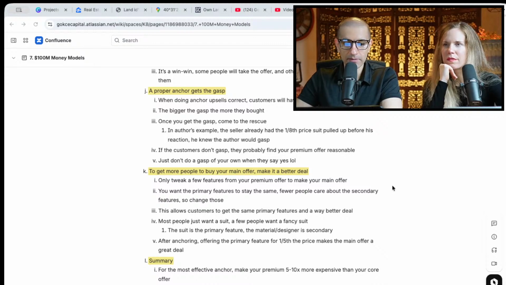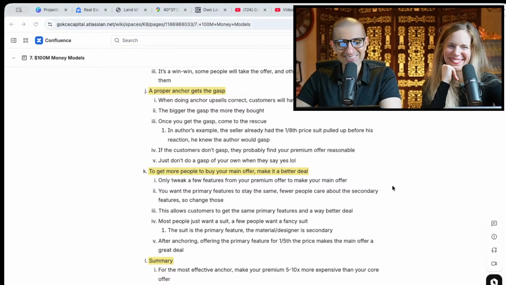In the author's example, the seller already had the 1/8 price suit pulled up before his reaction. He knew the author would gasp. If the customers don't gasp, they probably find your premium offer reasonable. Just don't do a gasp of your own when they say yes.